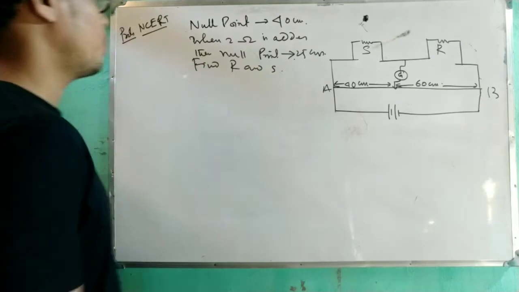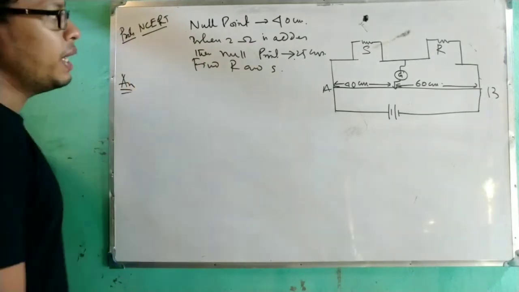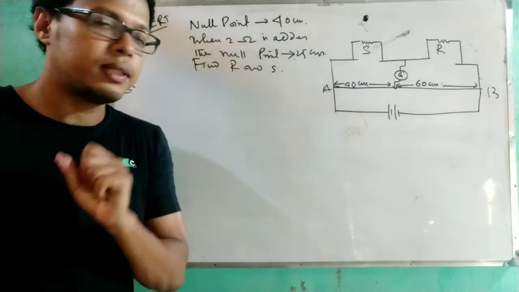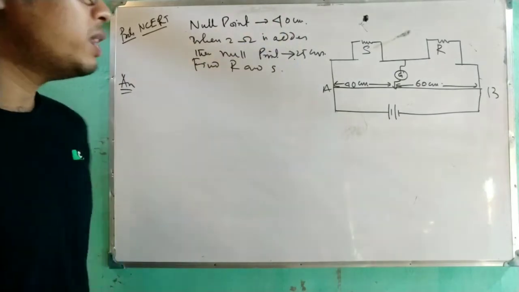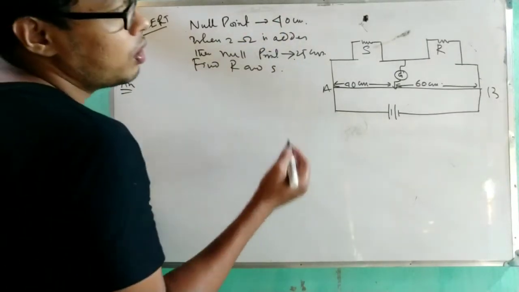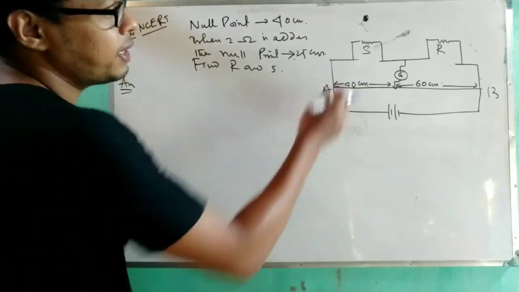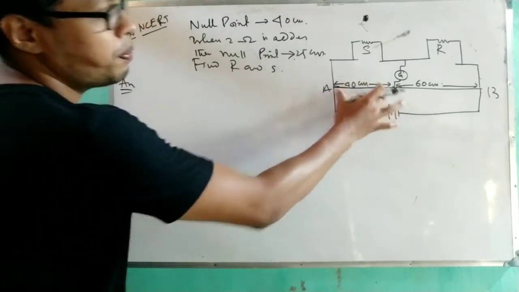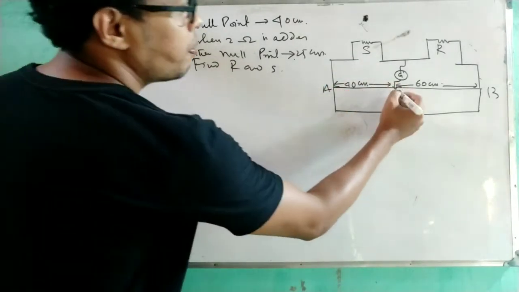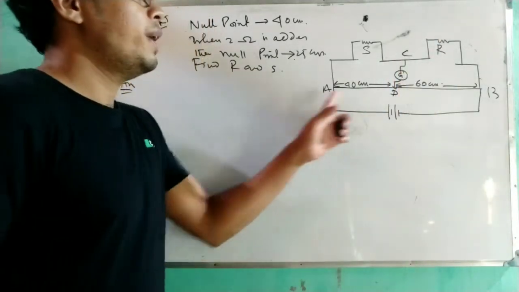How to find? Look. Here, I will start from the first. Here the null point is obtained at the 40 centimeter mark. So we write the equation P by Q equals to R by S. So S by the resistance of this part, resistance of A, suppose this is D and this is C. So AD will be how much?